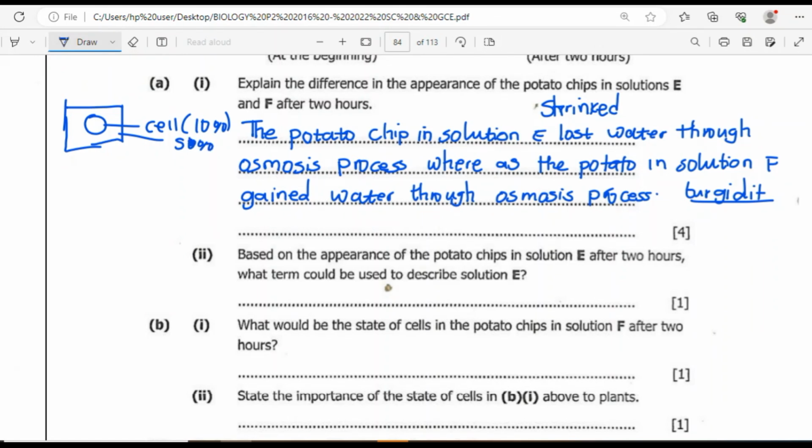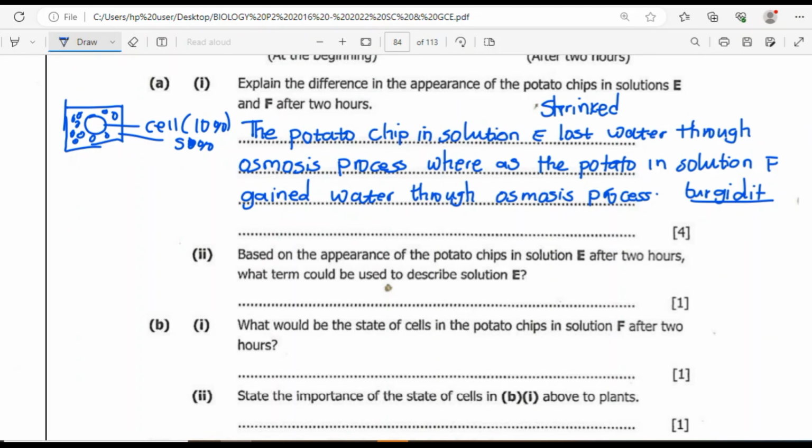So whenever you are trying to find out the solution or the region where there is too much water, in terms of concentration, where there is a lower concentration of salt solution is where there is a higher concentration of water. In summary, where there is too much salt, there is less water. Where there is less salt, there is too much water.